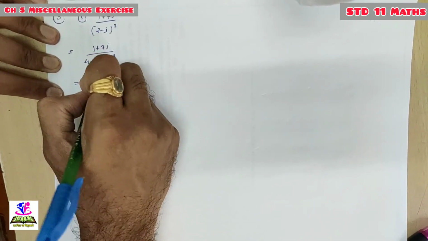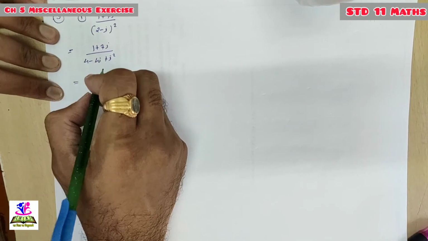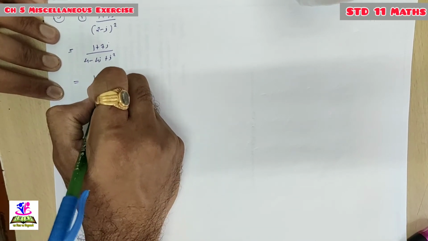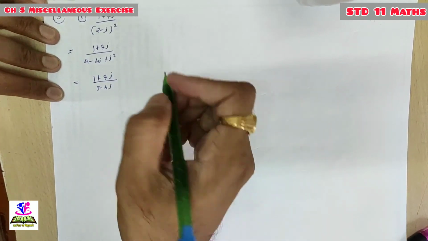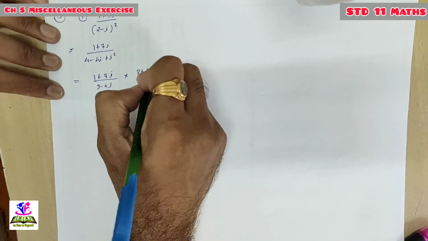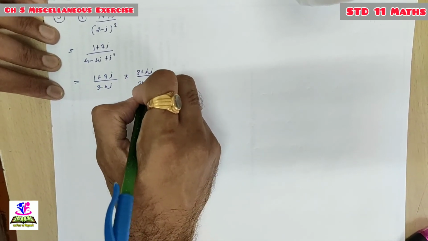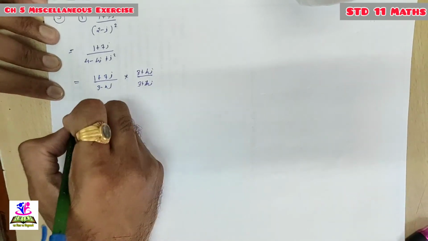So this is (1 plus 7i) upon, i square is minus 1, so it's 3 minus 4i. Again you have to multiply and divide with the complex conjugate. So it's 3 plus 4i in the numerator and the denominator, the conjugate of the denominator is 3 plus 4i.